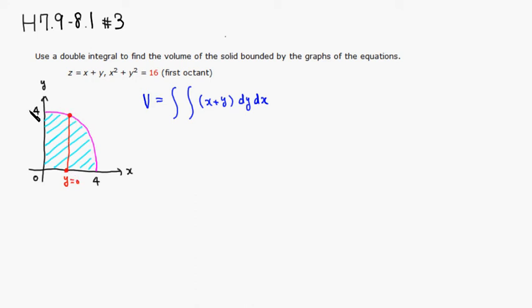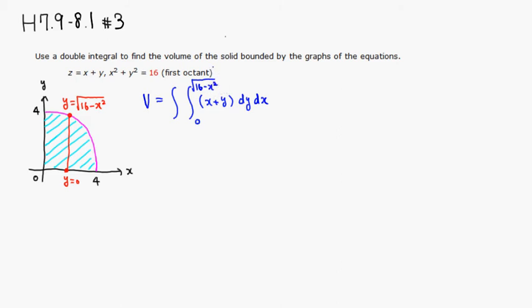This is a circle. If I solve this equation, you see that y is equal to the square root of 16 minus x squared. So y is going to go from 0 to the square root of 16 minus x squared.